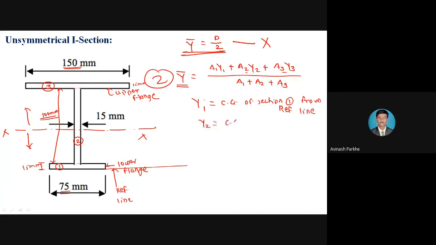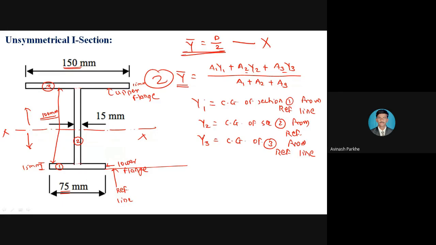Y2 represents CG of section 2 from again the reference line, and Y3 represents CG of section 3 from the reference line. Now please tell me, now here all the dimensions are with you.